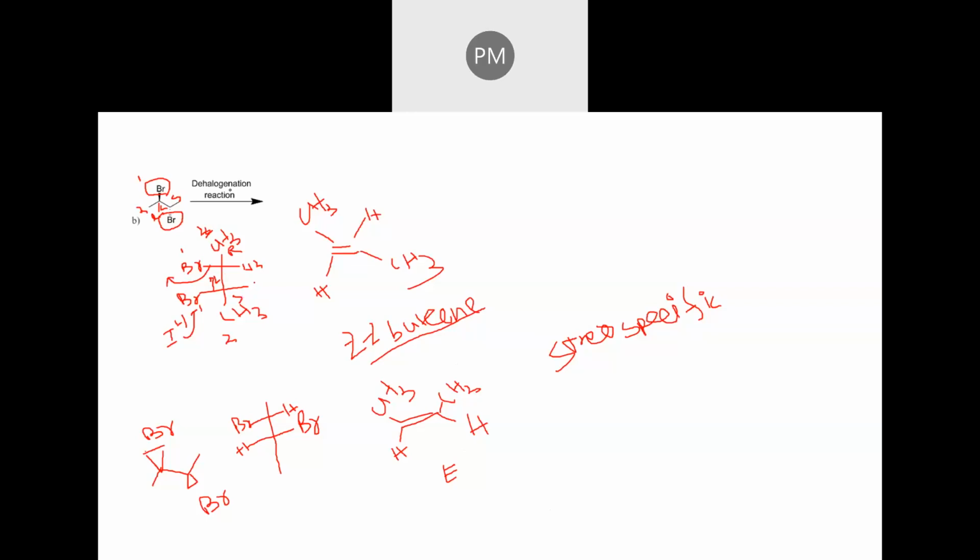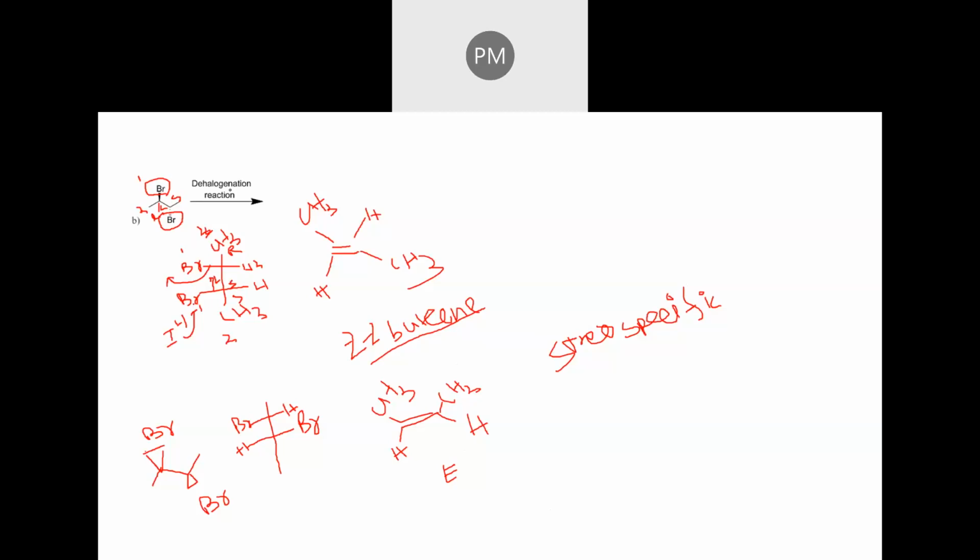Now, the next position, have we drawn it right or wrong? We can also check by RS nomenclature. Here the first priority is this one, the second priority is this one, and this one is third priority. So first, second, third, it will be clockwise, and our fourth priority is below. So this should be S, as per the above one.